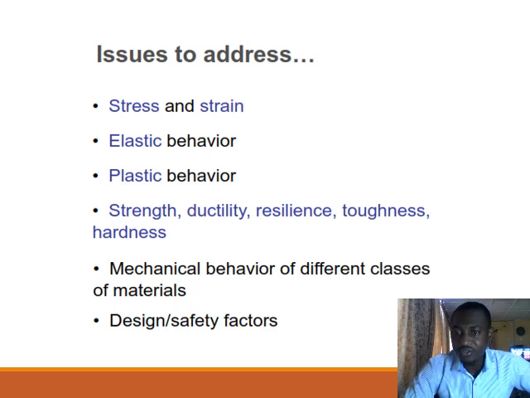I'm also going to show, if you know these properties, how does it guide you in designing a material that is suitable for an application, putting into consideration some design factors that will allow the material not to fail during operation. So this is what we are going to focus on in this particular lecture.